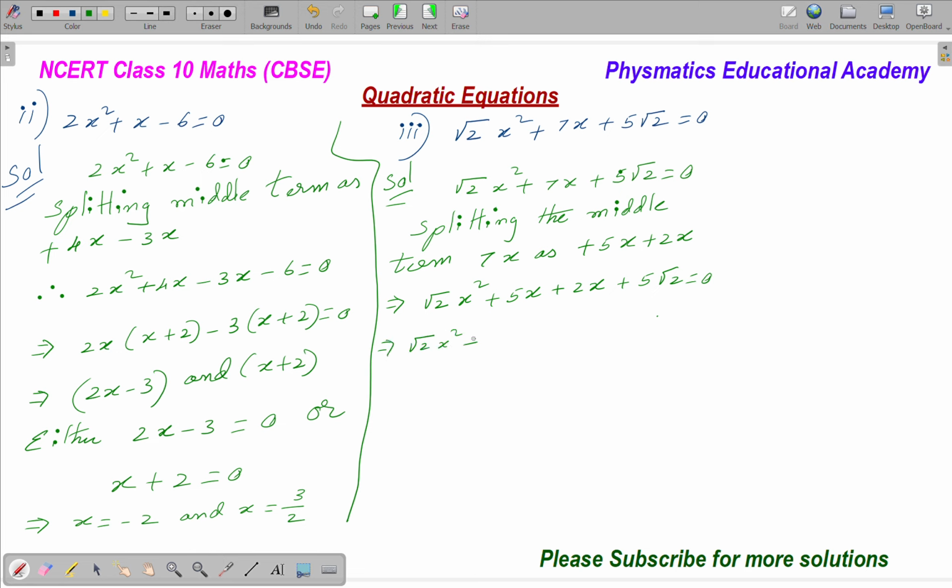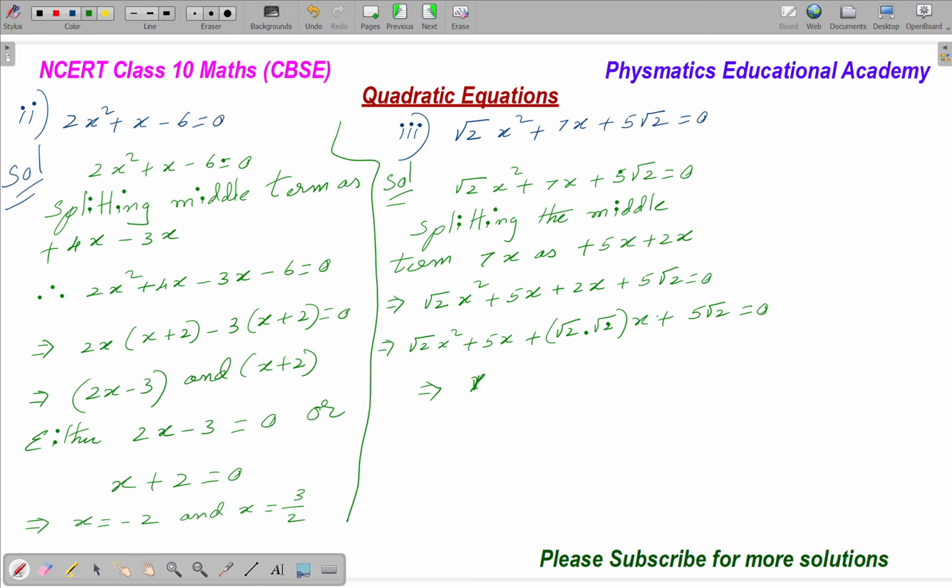That implies root 2 x square plus 5x plus 2x, we can write it as root 2 into root 2 x plus 5 root 2 is equal to 0.